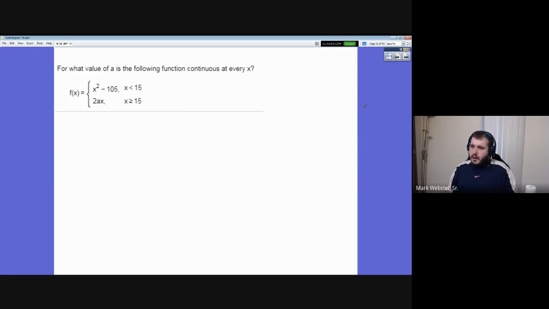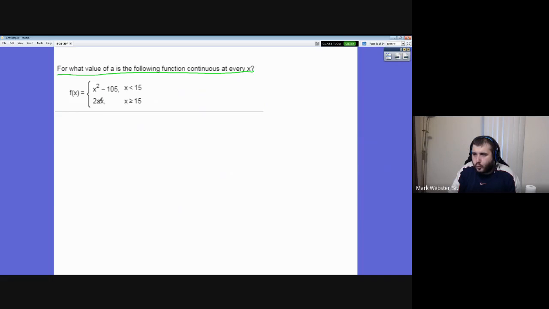Here's another one. Again, slightly different perspective, same idea. We want to know what number A is going to make these two pieces the same at 15. That's what it's really saying, right? It says, for what value of A is the following function continuous at every x? Well, all we need to know is x is 15.